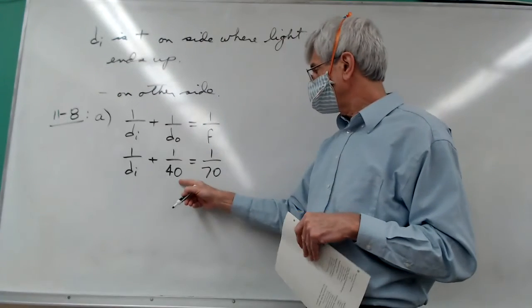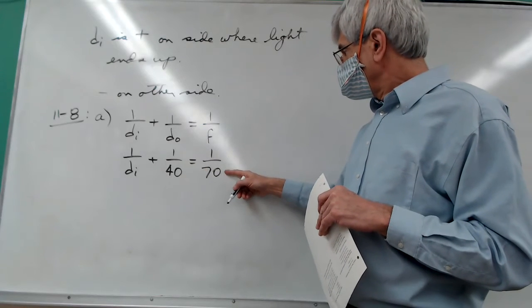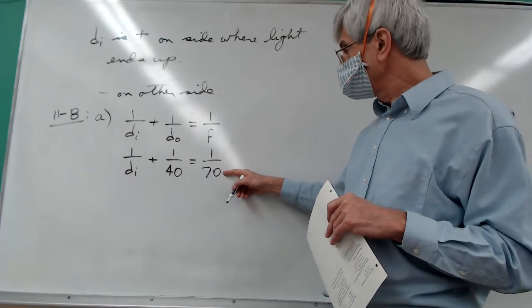We're told the object is 40 centimeters from the mirror. The focal length would be half the radius of curvature, half of the 140.